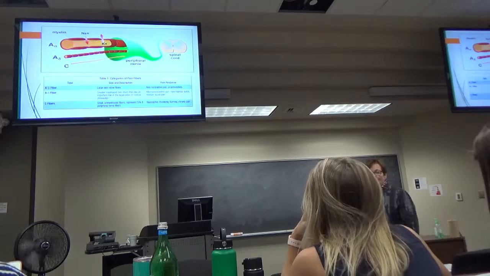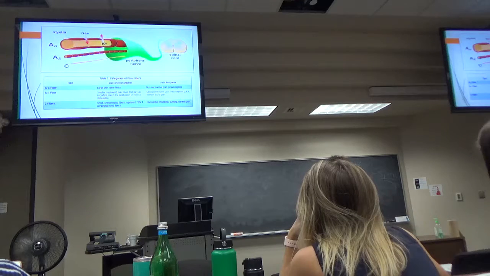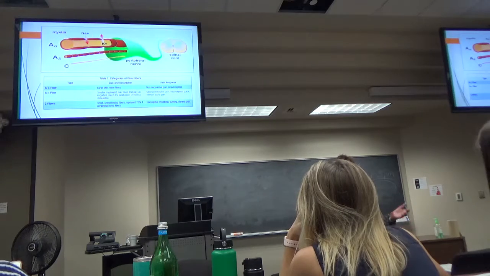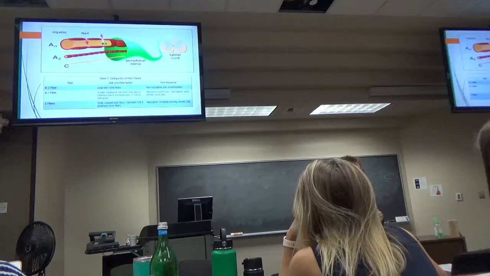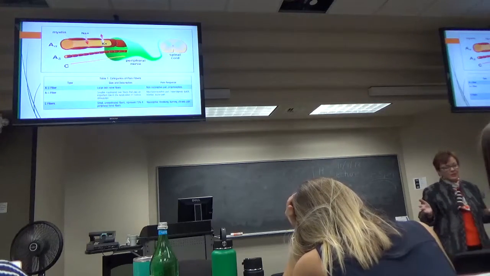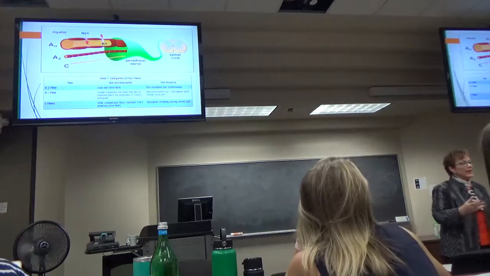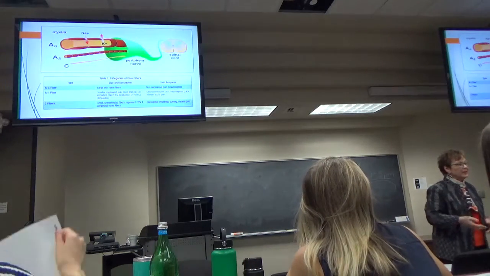Some of them transmit pain, some of them transmit other types of sensations. So we'll look in just a moment at how the rapidity at which those sensations go away or return is based on the type of fibers you're affecting.